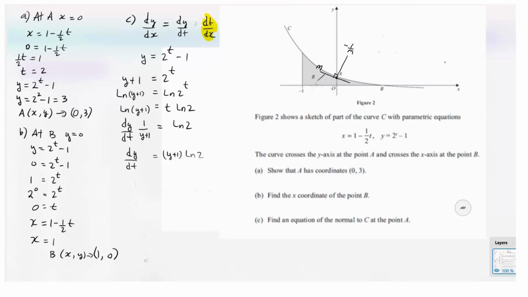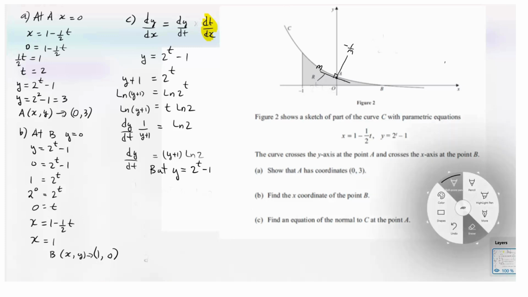So where we have this y, we're going to replace it with 2 to the t minus 1.